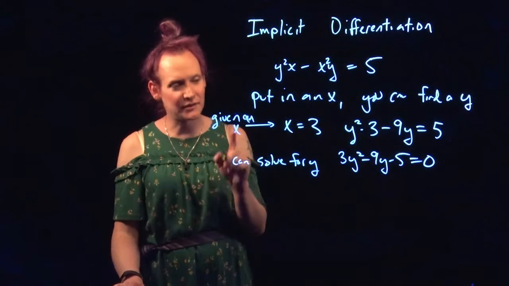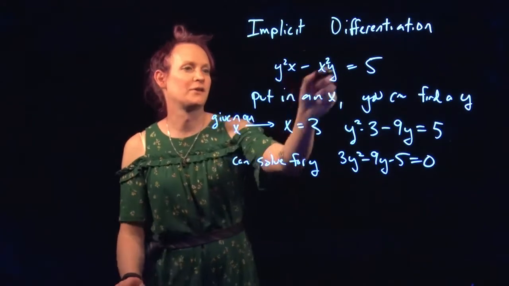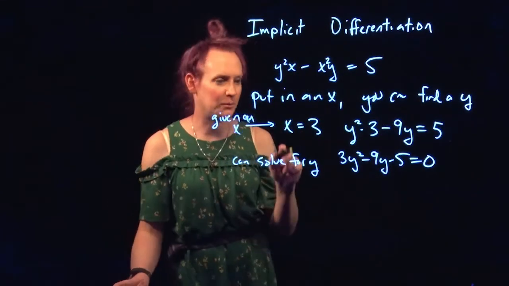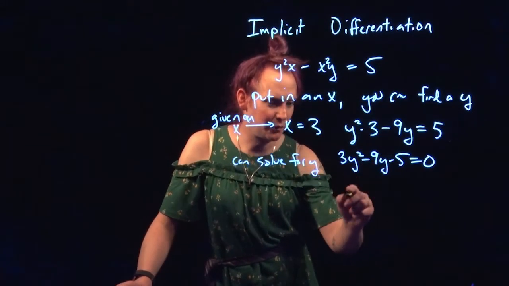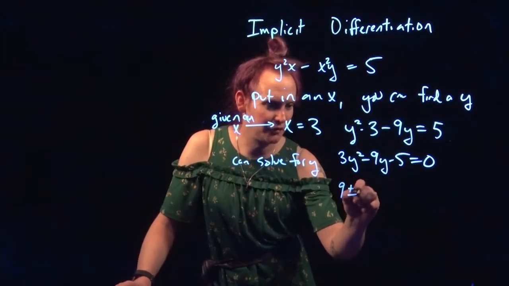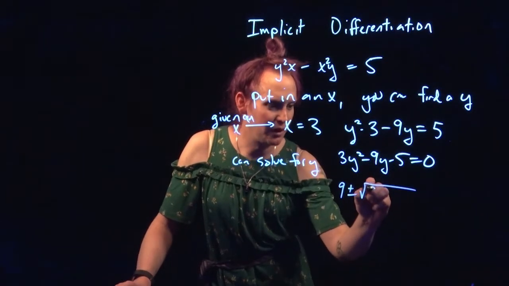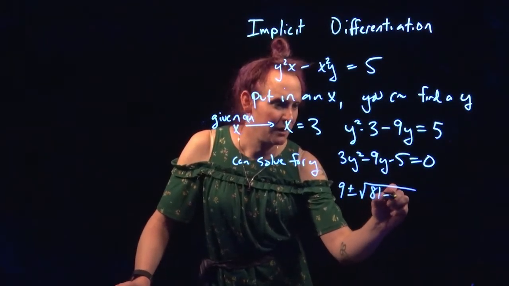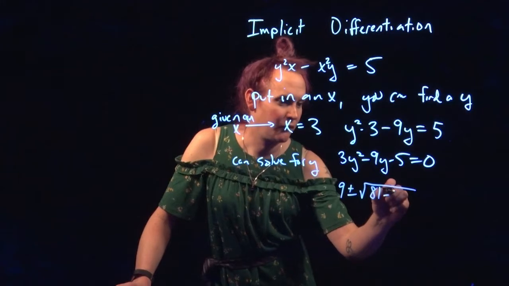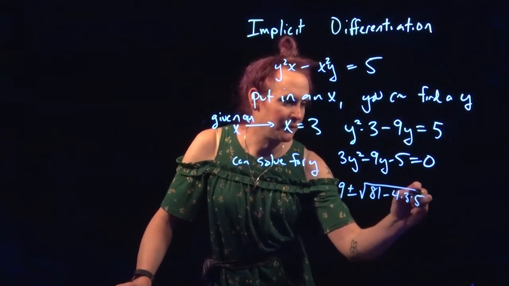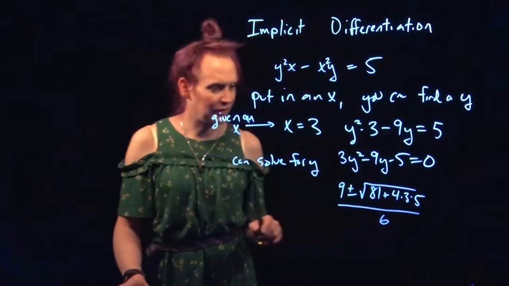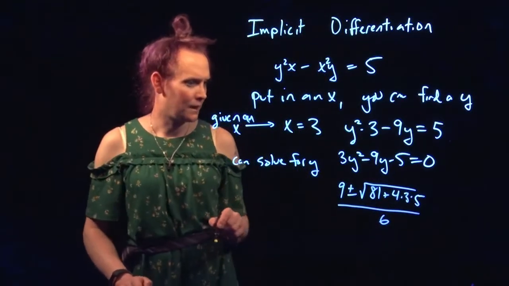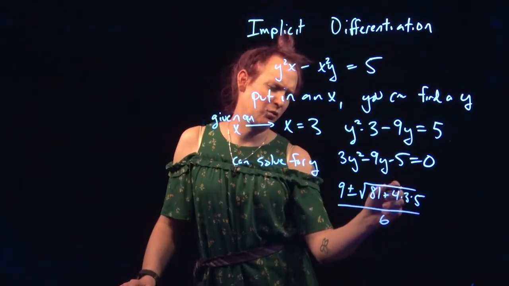So the point is that this is not a function, and we're going to find the derivative of this thing at a particular point. Okay. So let's quadratic formula this thing. We're going to have 9 plus or minus the square root of 81 minus 4 times 3 times minus 5, all over 6. 4 times 3 is 12.